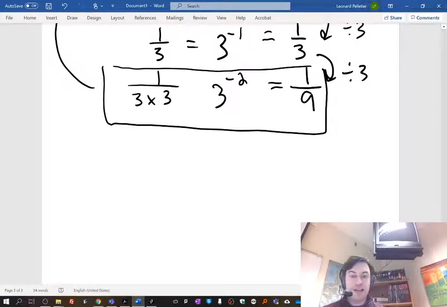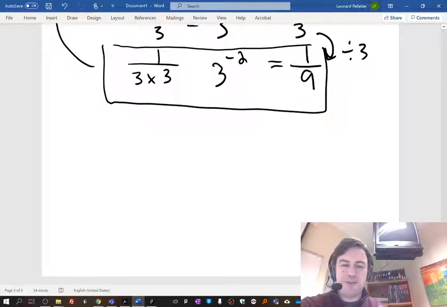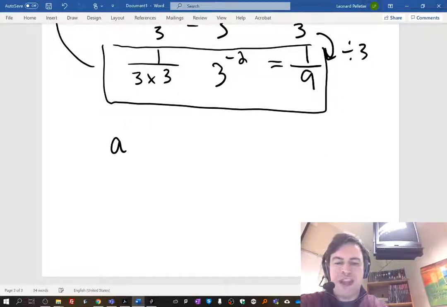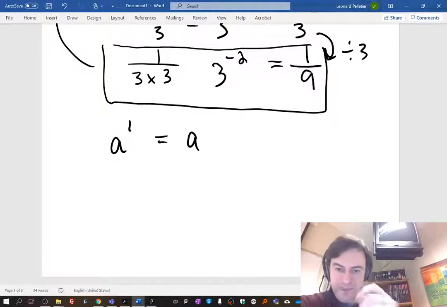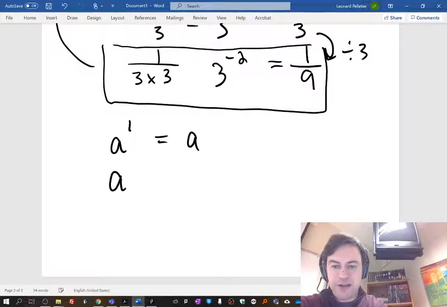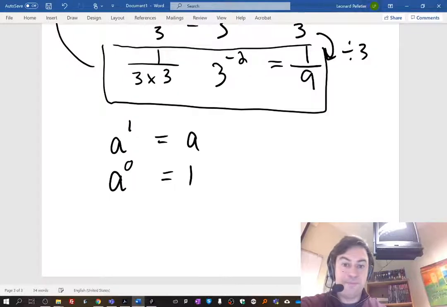So, my gosh, so much to say. Here's a summary of what we talked about. Usually people will use a to the power of 1 just equals a. That's one of the exponent laws. And then any number other than 0 to the power of 0 is equal to 1.